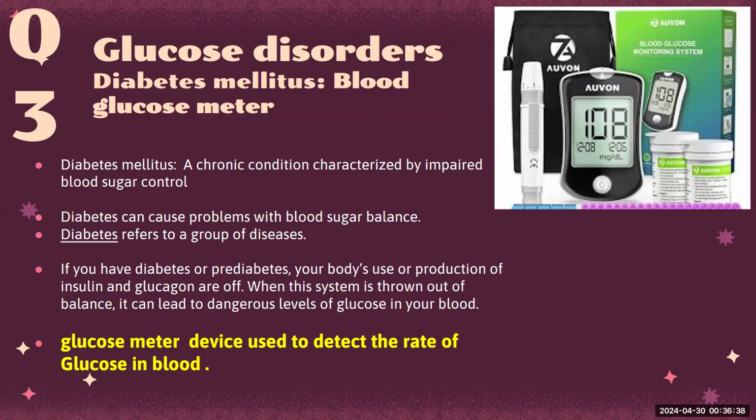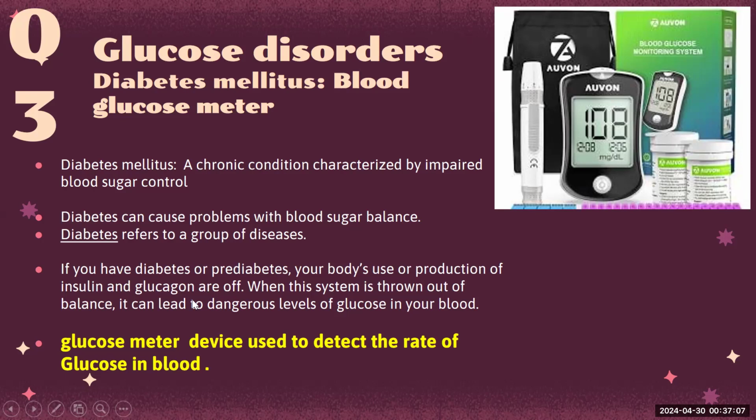The last point that we need to talk about is glucose disorder. What happens when the glucose level changes in our body? This is called a disease, the common chronic condition called diabetes mellitus. We have two main kinds of diabetes mellitus, diabetes 1 and diabetes 2.